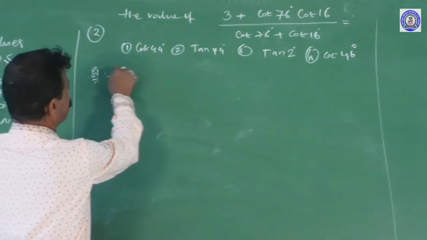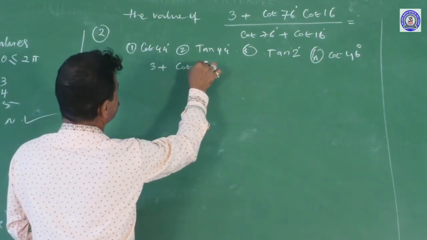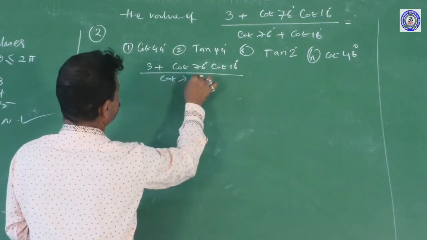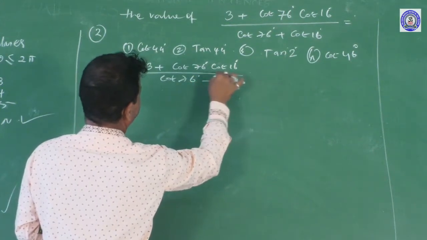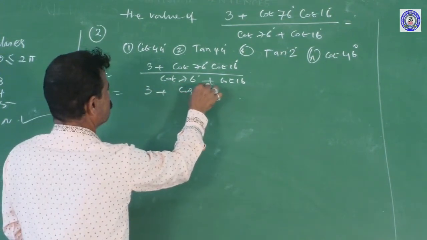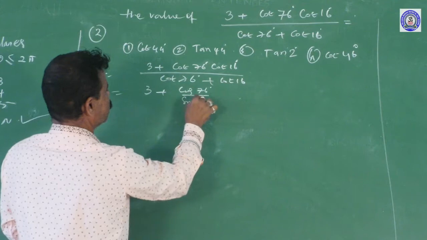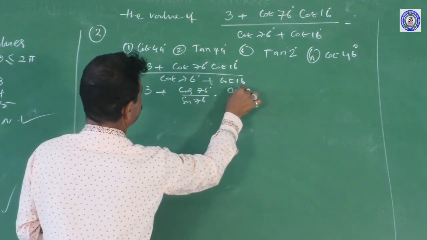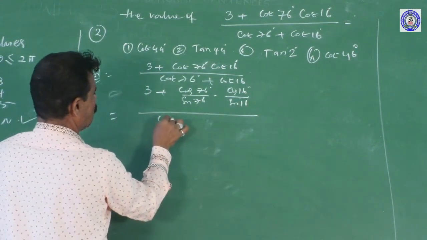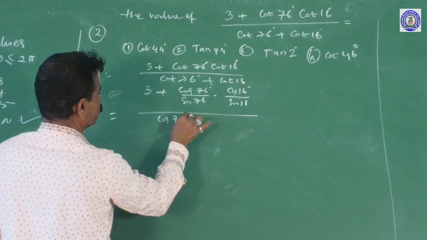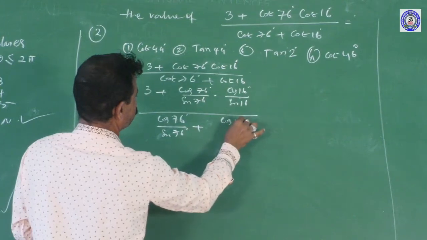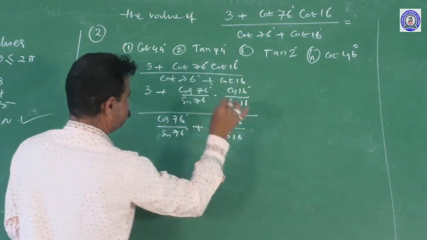Here, (3 plus cot 76 cot 16) divided by (cot 76 plus cot 16). This is converted to cos by sin: 3 plus cos 76 by sin 76 times cos 16 by sin 16, divided by cos 76 by sin 76 plus cos 16 by sin 16.